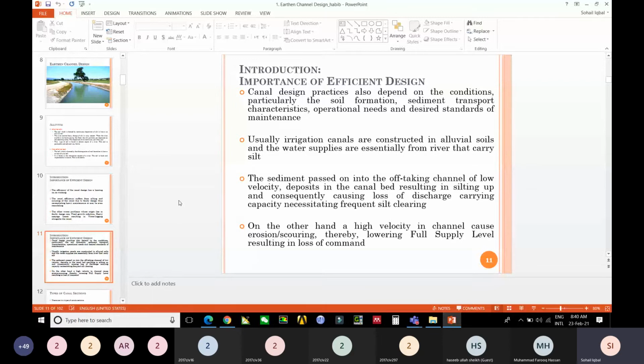The amount of discharge will be reduced or minimal at the outlet, while our canal will be efficient if you get the maximum discharge at the outlet.